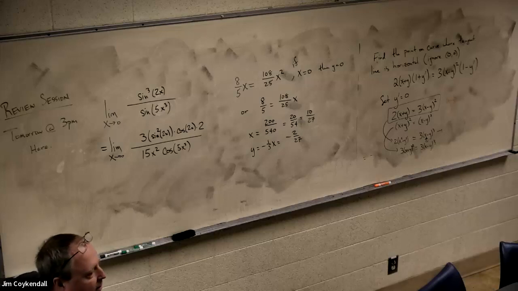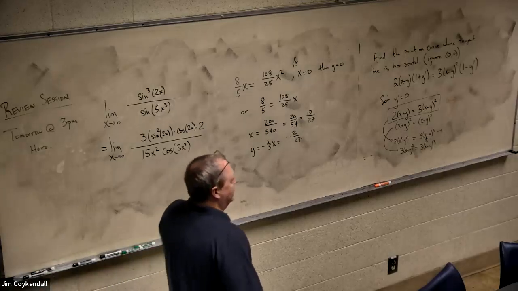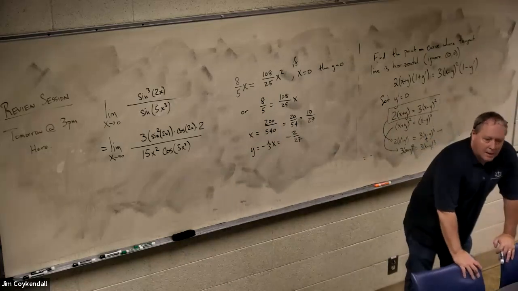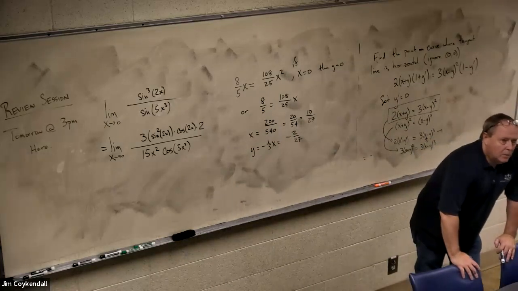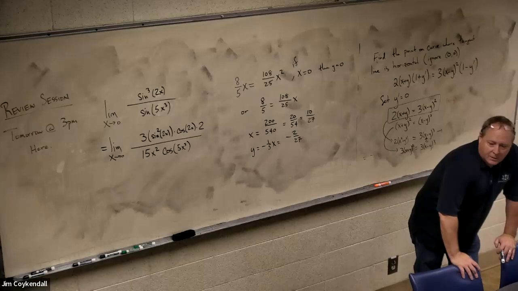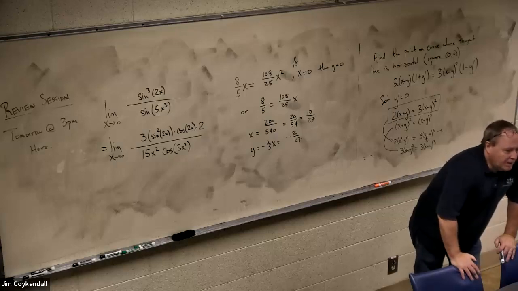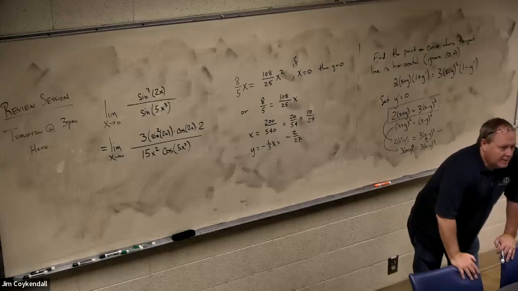So, okay, I'm going to write this. What do we do now? Well, we've successfully done one application of L'Hopital's rule, so you can go back to the direct substitution. If you just plug in 0, what do you get on the bottom? 0. What do you get on the top?